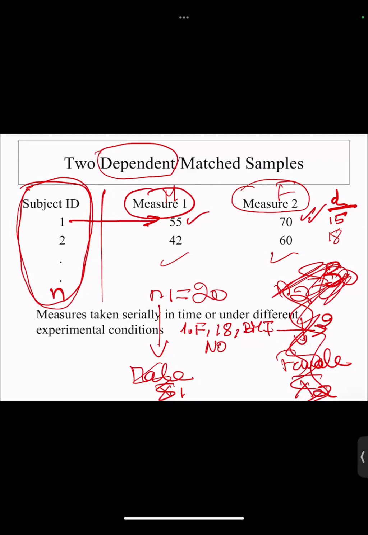So my second person, I pick up someone who's 18 years of age, for instance Lean, a female who's 18 and who exercises, and I measure her BMI and compare. So now Nisreen is not independent of Lean.